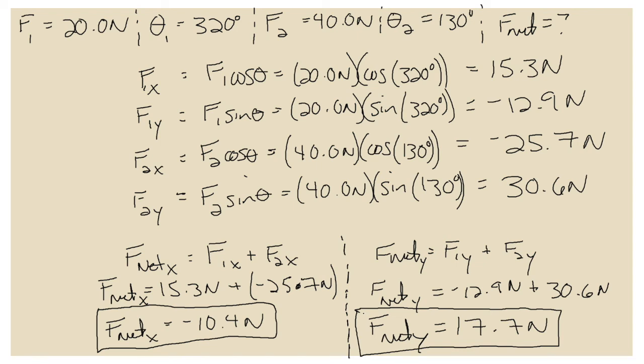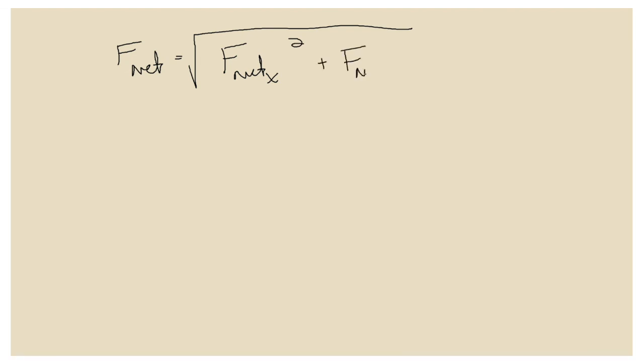And now we're pretty much ready to finish this thing out. As we said here, now that we have the two perpendicular components of our resultant, we are just going to use the Pythagorean theorem to find the actual resultant. So we have F net equals the square root of F net x squared plus F net y squared.